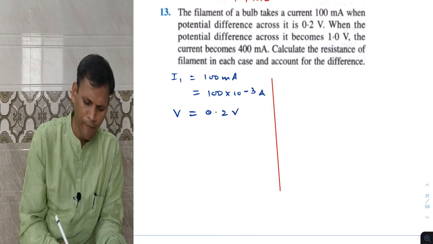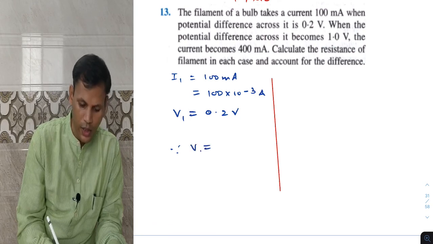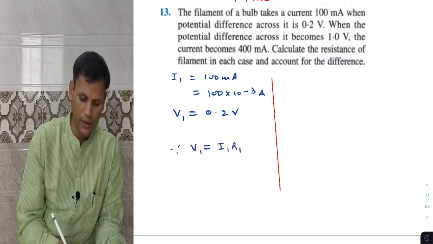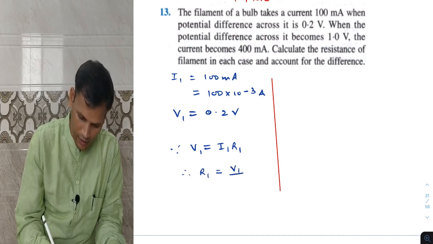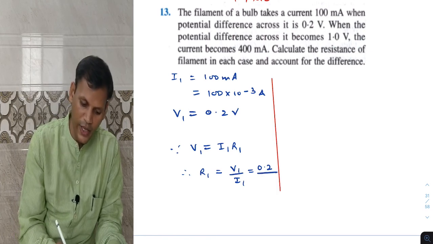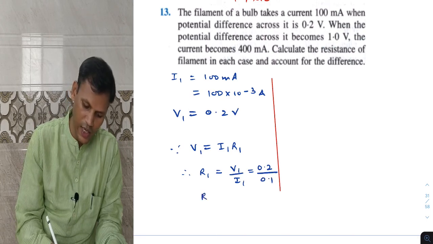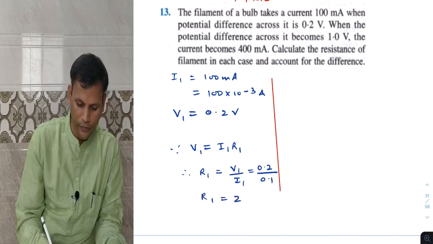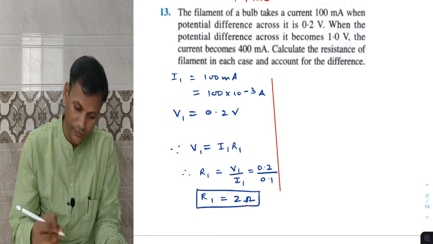Since V is equal to I into R, R1 will be V1 by I1. So V1 is 0.2 upon I is 100 into 10 raised to minus 3, which is also equal to 0.1. So resistance R1 will be 2 ohm.